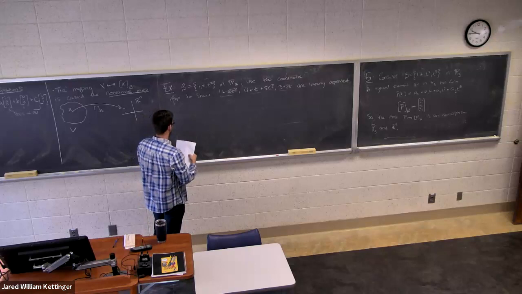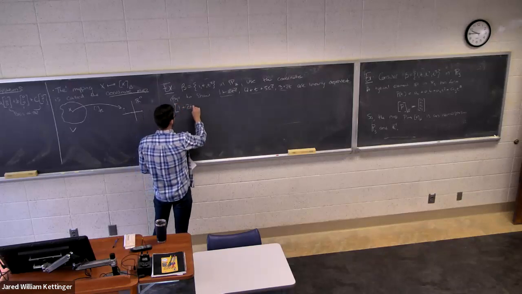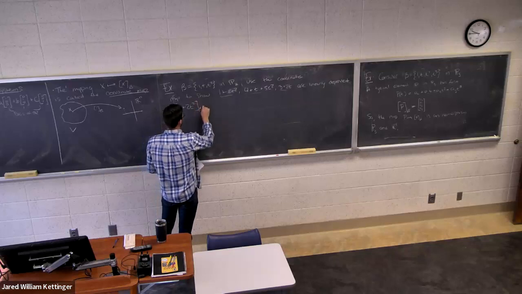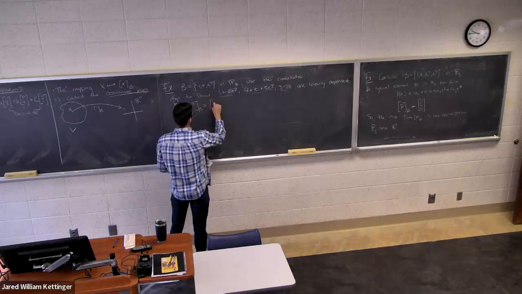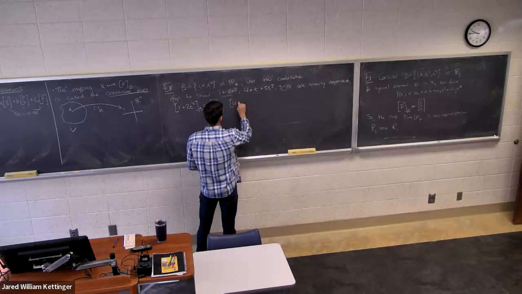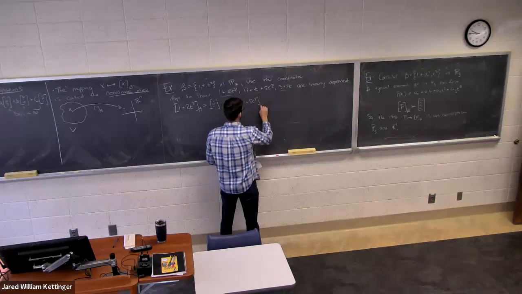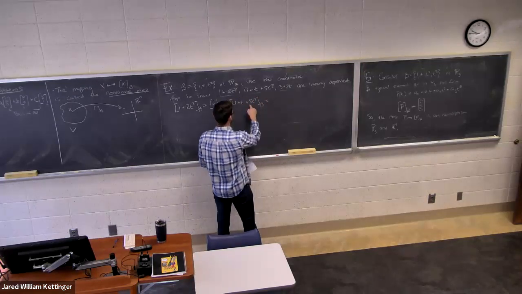So the first thing I need to do is write out the image of these. So this is going to be 1, 0, 1. 4, 1, 5.